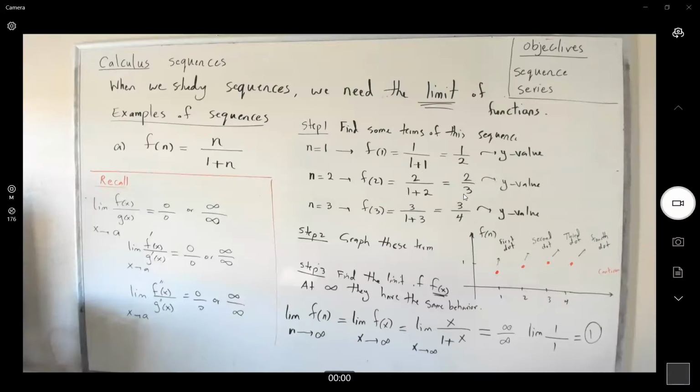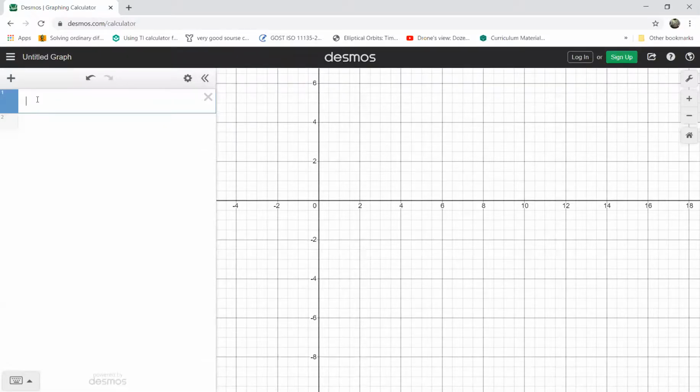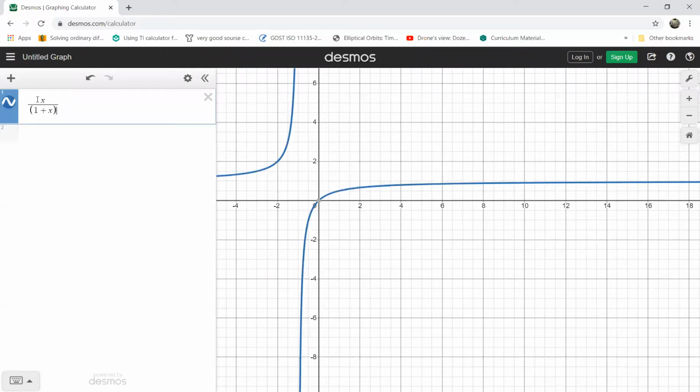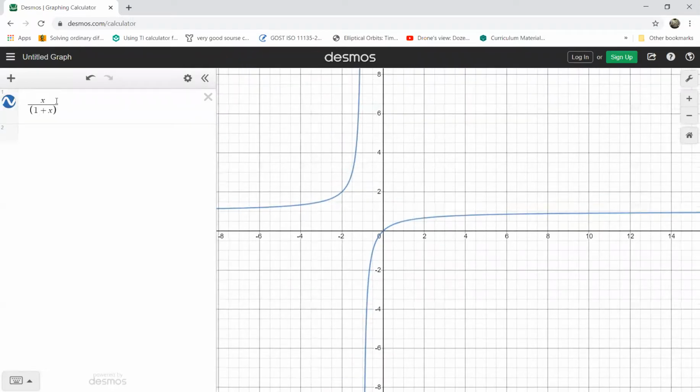Graph of f of x in Desmos. So here we have our graph. We are using Desmos to graph x divided by 1 plus x, and see the difference between the graph of your function when it has x, the domain is R minus {-1}, and the graph of your sequence.